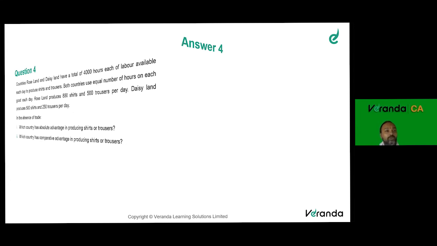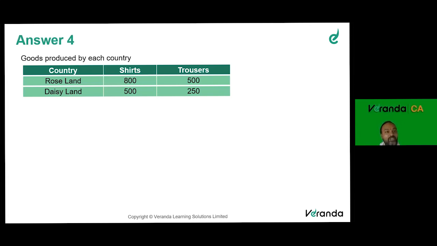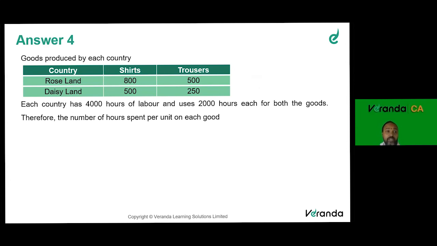So the answer goes like this. Of course, the first one, I do not want to explain that. You can naturally see that the number of shirts produced by Roseland is higher as compared to Daisyland, and trousers are also higher as compared to Daisyland. So considering that, Roseland is actually having the benefit.